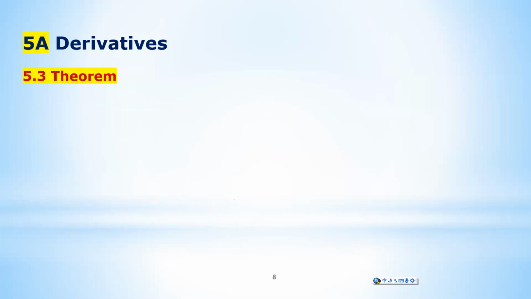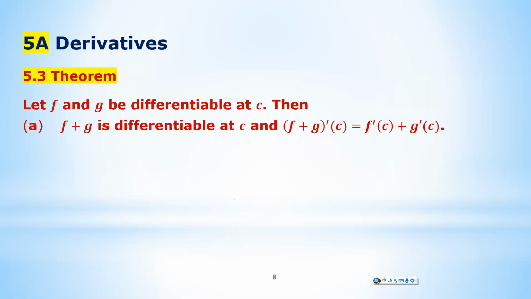The next thing is 5.3. It's a group of theorems about the computation of the derivatives. So now let's say that you have two functions, f and g. They are both differentiable at c, meaning that they both have derivatives. Okay, then we have 4 formulas. You learned these formulas from calculus 1, but here we are going to prove them.